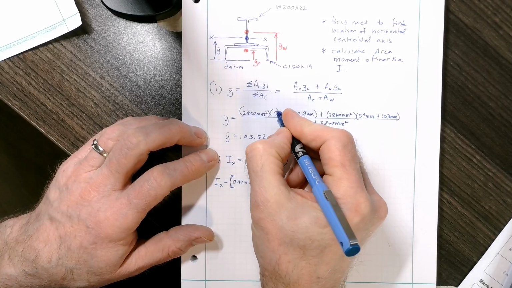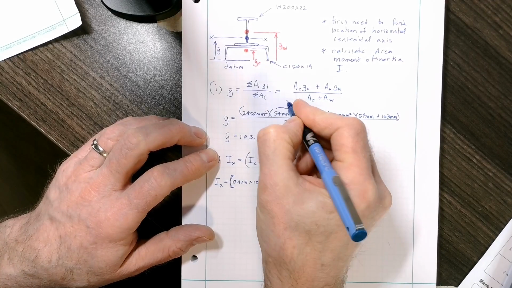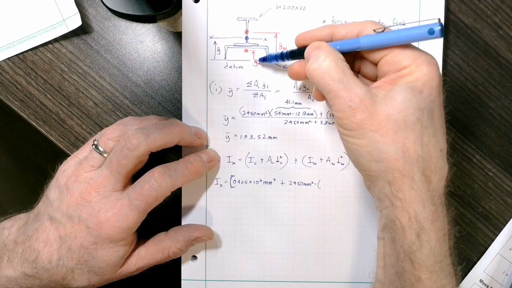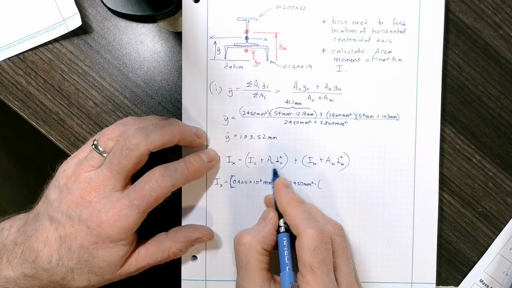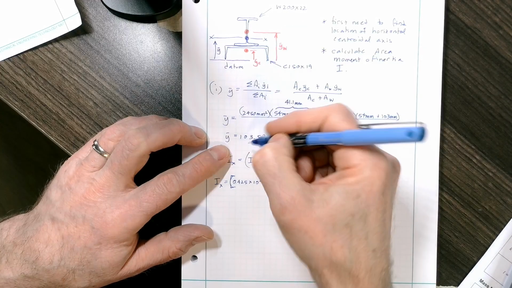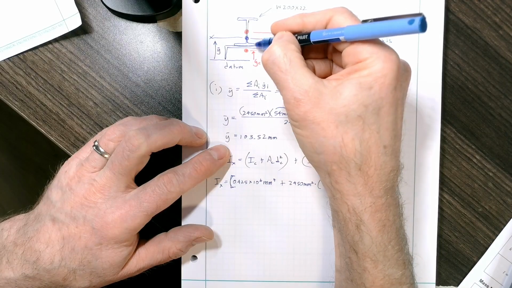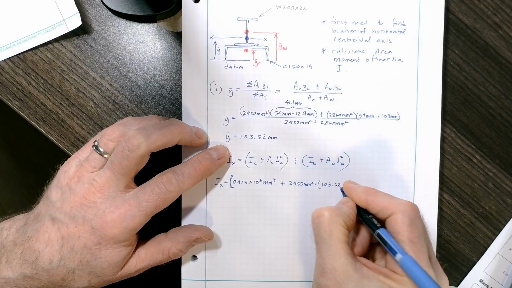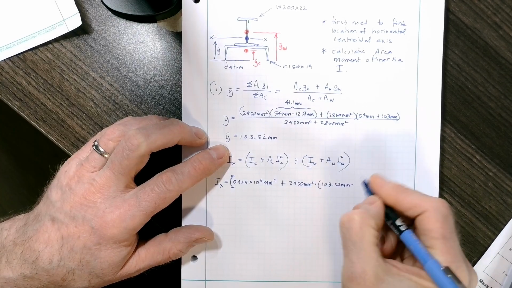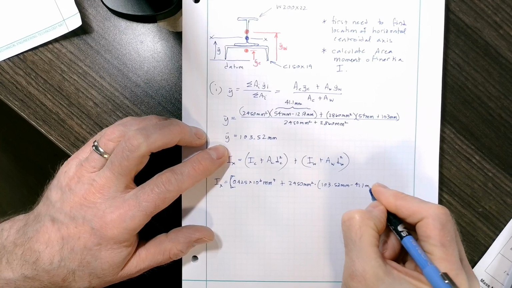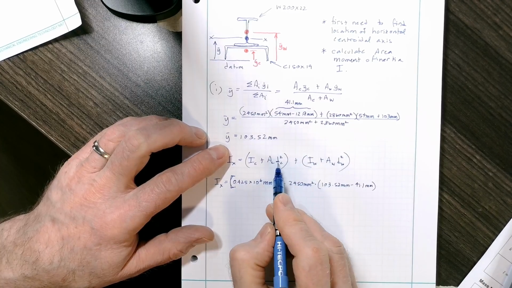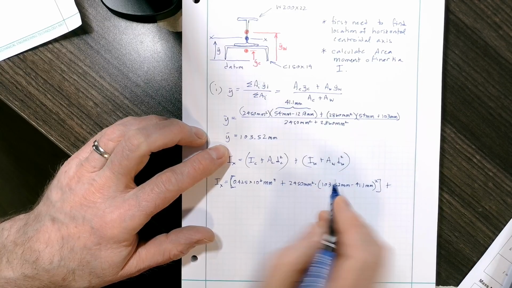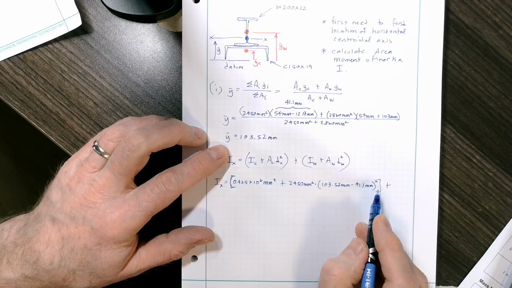This is 41.1 millimeters. That's this distance right here, YC. Okay. So the distance here is the remainder: 103.52 millimeters minus 41.1 millimeters, and that's the DC. And square that thing. Close bracket. Plus, that's the contribution of the C channel to the moment of inertia.